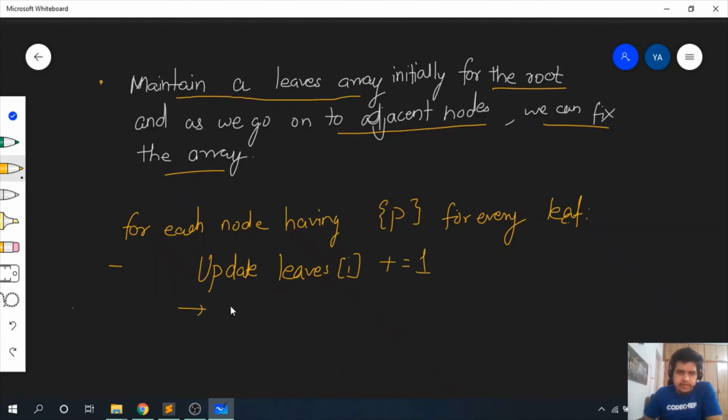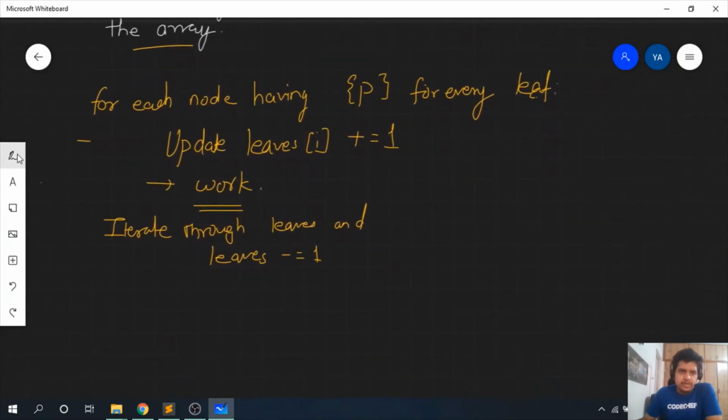And then we do the work on our node that we saw earlier, the total work done. Then we again iterate through leaves, and leaves minus equal to 1. So what we see over here is we do the work on the leaf, and then we just replace the value of the leaf back to its original.